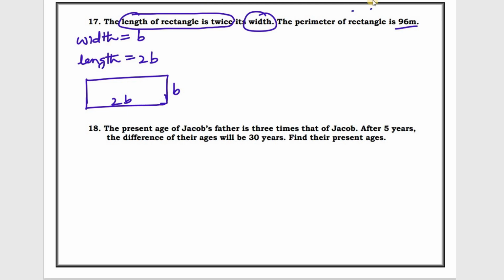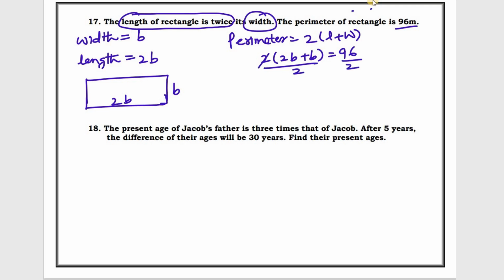So we know the perimeter rule: 2 times the length plus width. So 2 times the length 2b plus the width b is equal to 96. I was trying to divide by 2 on both sides. 2 cancels out. 2 48s are 96.